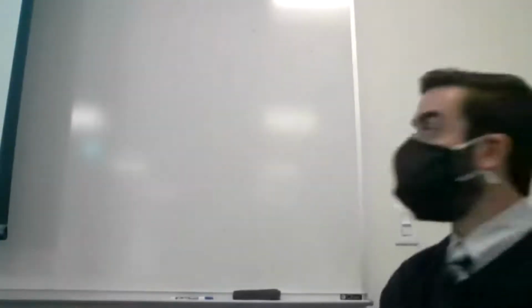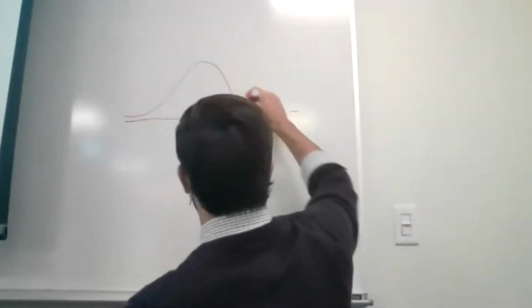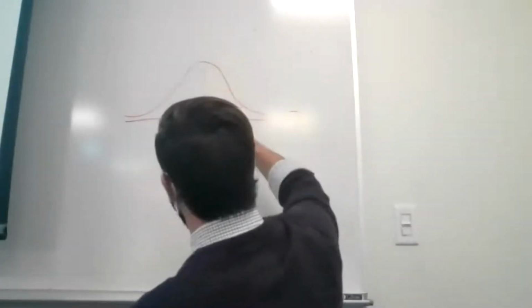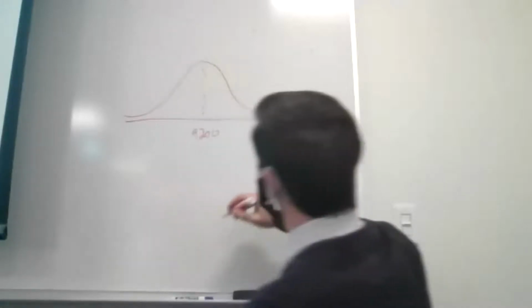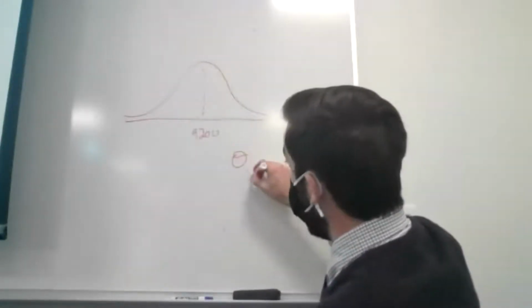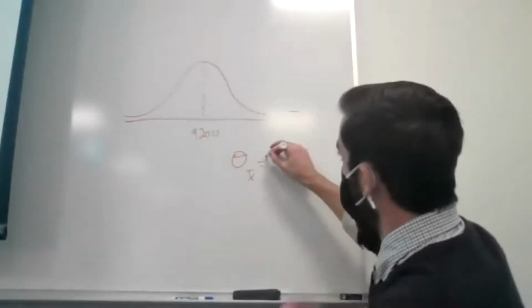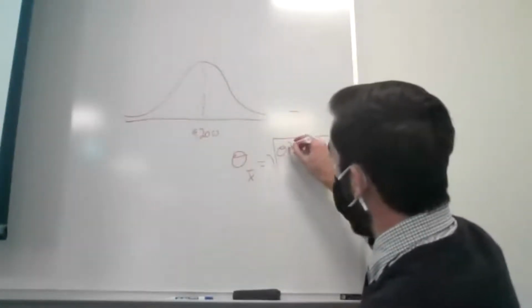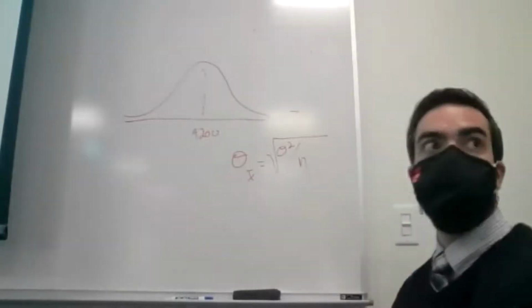So if that's the case, in problem one, so to speak, here's my distribution. It was centered around 9,200. But if I remember, the standard deviation of my sample means is the square root of the population variance over my sample size, okay?